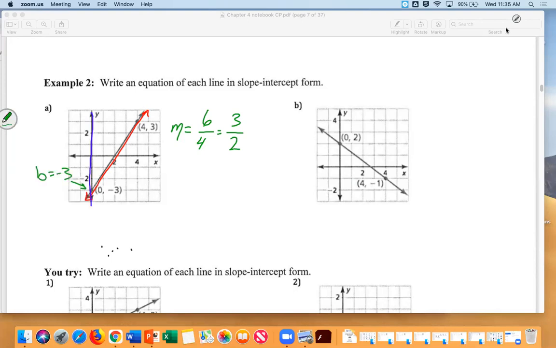It is -3. So I have my slope, which is 3/2 x minus 3. Do you guys kind of see how I did that? So over here, I need two things. This is what Maddie said. I need my slope and I need my y-intercept.